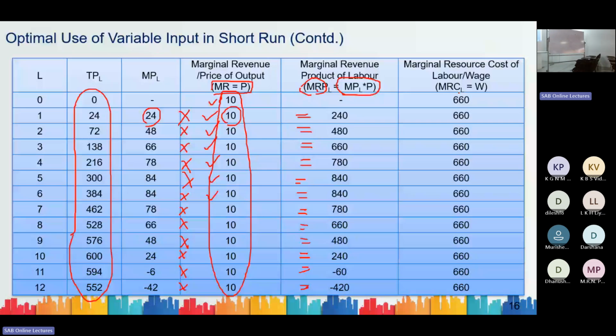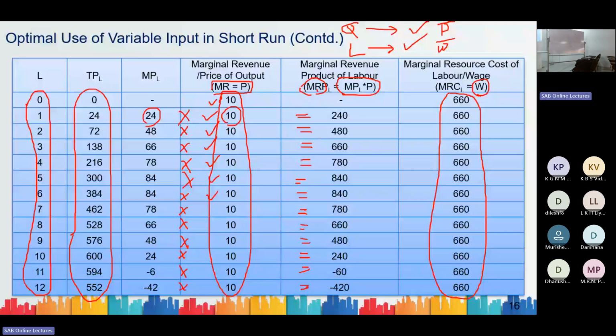Wage rate is fixed here because this particular firm is operating in a perfectly competitive labor market as well. So the output market is perfectly competitive, and the labor market is also perfectly competitive. Therefore, price is fixed for this firm, and wage rate is also fixed. Whatever the quantities of labor they demand, the wage rate will not change.